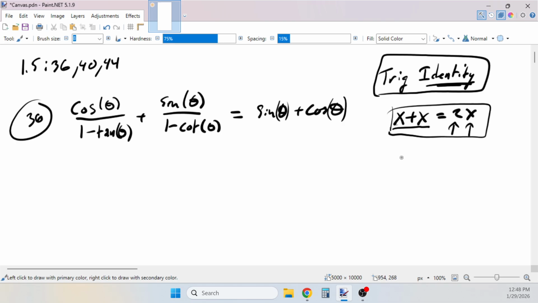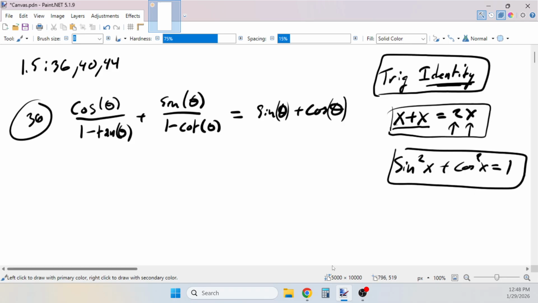This is always a good one, the Pythagorean identity: sine squared x plus cosine squared x equals 1. So we want to try and rearrange the problem that we have into an identity that we know, or so that the two sides of the equation look the same.